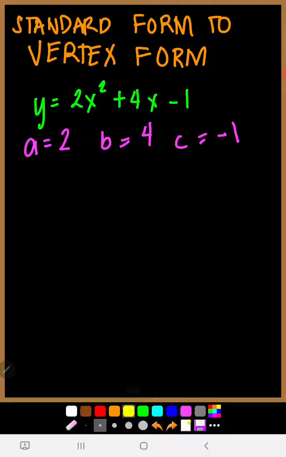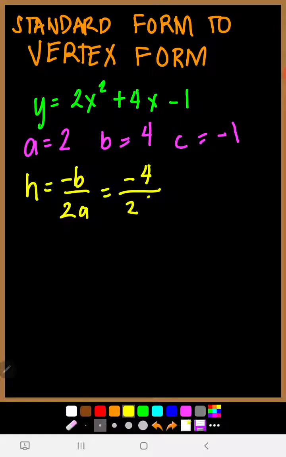So, h is equals to negative b over 2a. So, negative, our b is 4, and then 2 times 2. So, this becomes negative 4 over 4, which is equals to negative 1. So, our h is equals to negative 1.